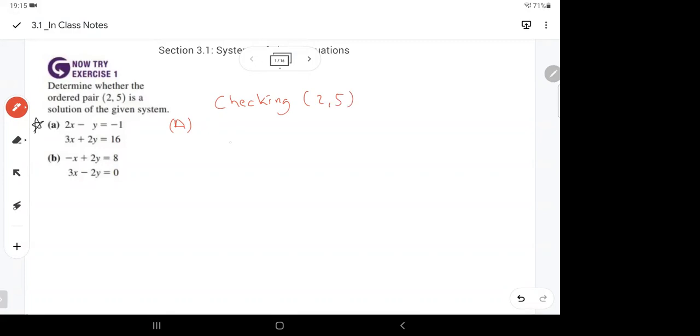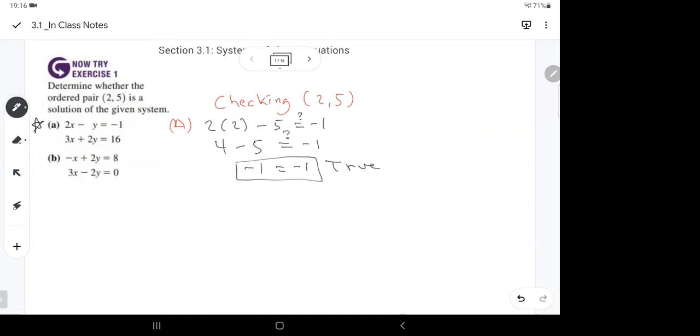So we're going to sub in 2 for x, 5 for y, and check if it makes sense. For this one, you can see that it checks, this is true.